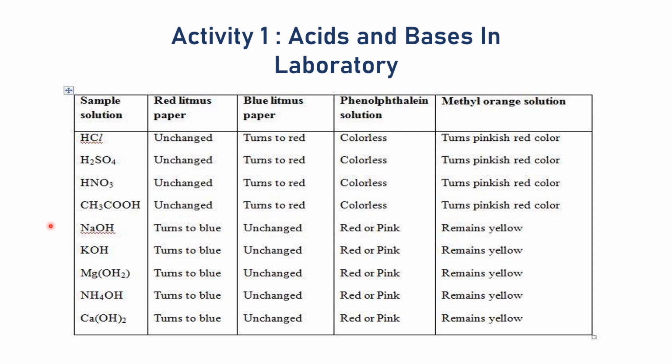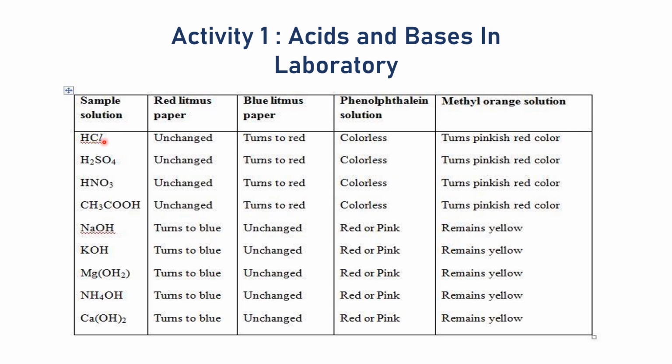Then sodium hydroxide, potassium hydroxide, all are bases. Magnesium hydroxide, ammonium hydroxide, and calcium hydroxide. Sodium hydroxide and potassium hydroxide are strong bases, and HCl and H2SO4 are strong acids, right? When I explain about acids, I'll explain what we mean by strong acids and weak acids, right?